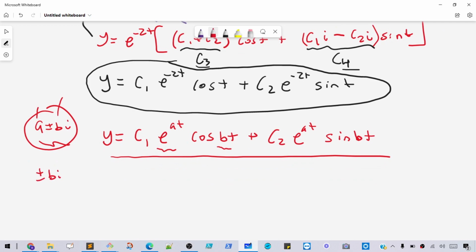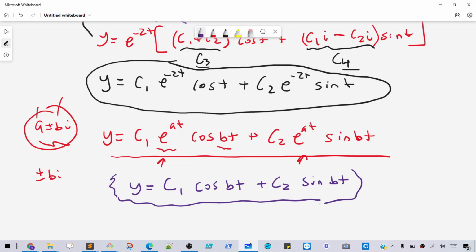And then in that case, this term here will go away, and your solution would look like this. It just becomes the trig terms, the cos and the sine, and the exponential term drops off. So you'd have this little subcase here.